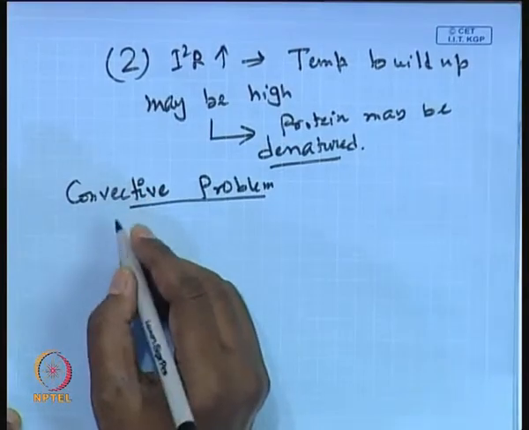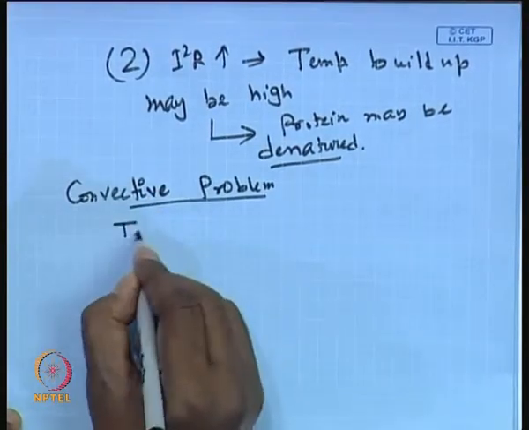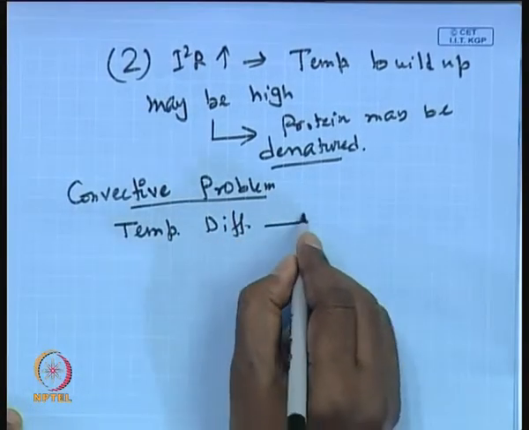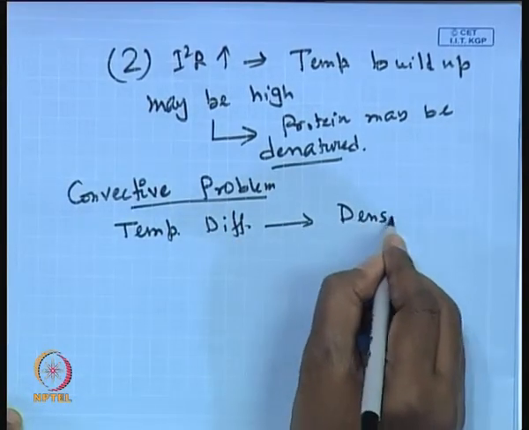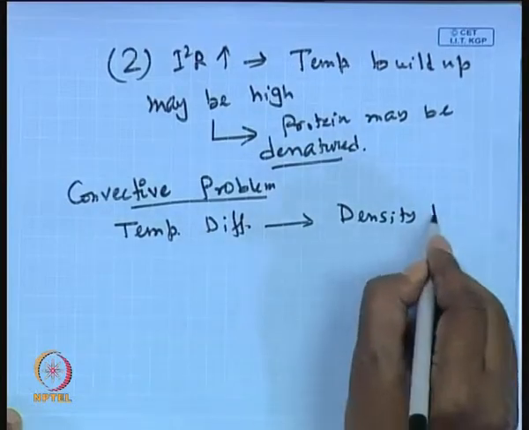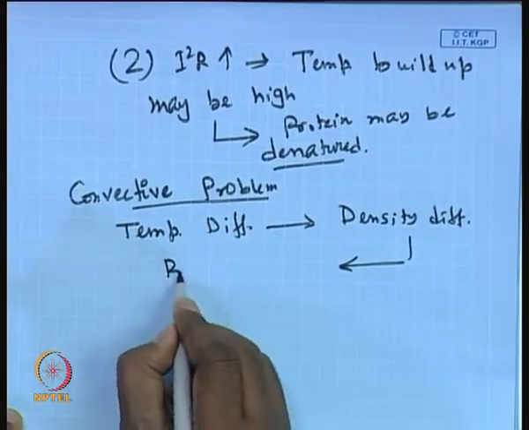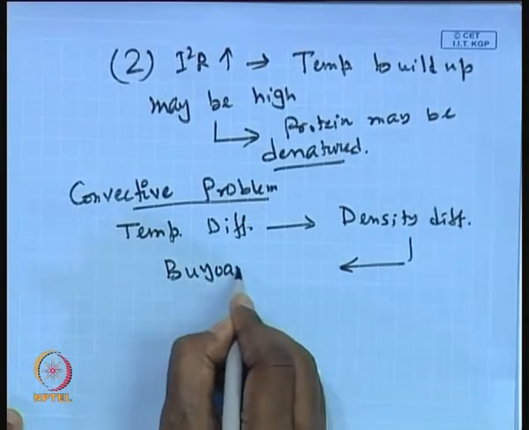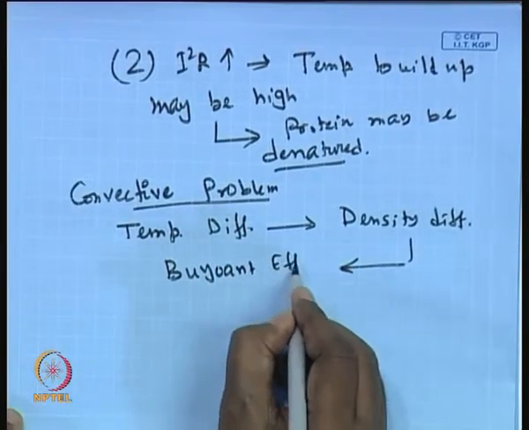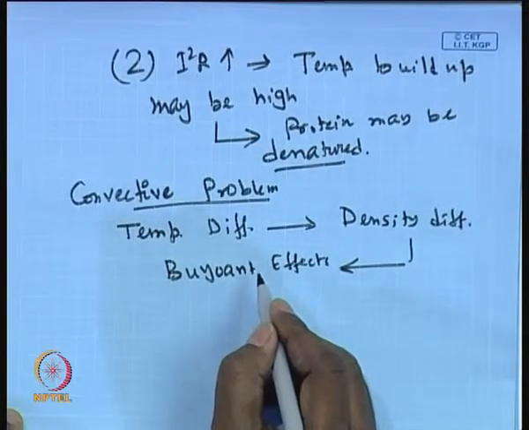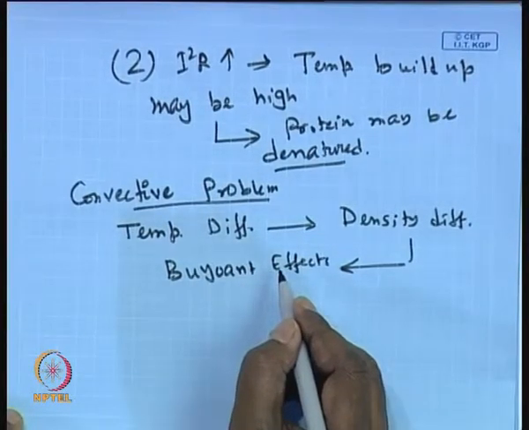Now, the local temperature difference due to Joule heating leads to density difference. If the density difference is there, that leads to a buoyant effect, and if the buoyant effects overcome the viscous effects, then you will have natural convection.